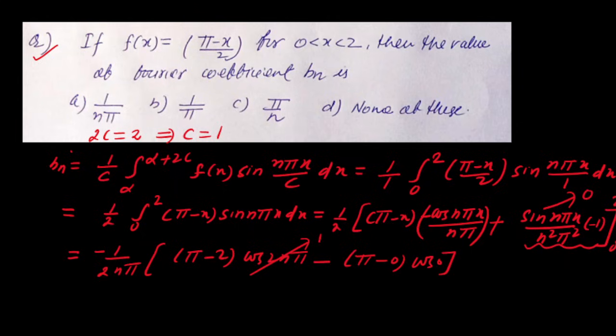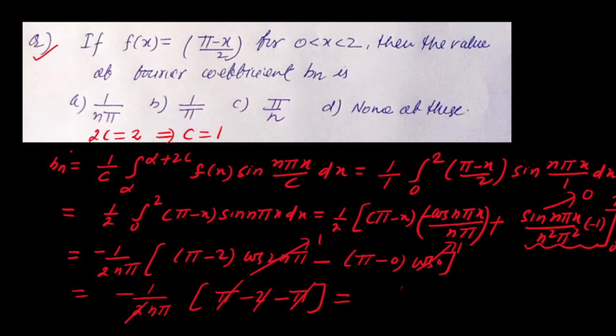Cos 2 n pi is equal to 1, cos 0 is equal to 1. So what will I get? I will get minus 1 by 2 n pi, and here pi minus 2, and from here I will get minus pi. So this pi and minus pi cancel, and this minus becomes plus, and this 2 and this 2 cancel. So what will I get? I will get 1 by n pi.